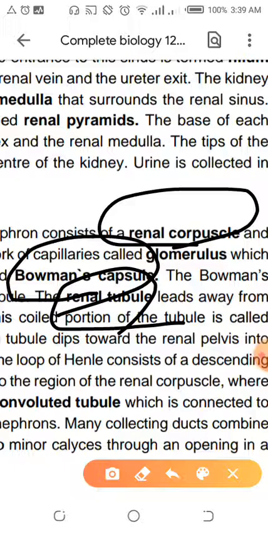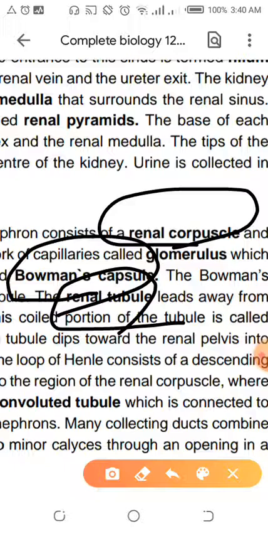By pressure filtration they can bear more pressure, and by pressure they send the useful and the harmful things into the Bowman's capsule. This is the important action in the nephron, and the nephron's main function resides with the Bowman's capsule specification and the glomerulus, modified capillaries that don't go into venules but into efferent arterioles, which I will tell you in the diagram. So Bowman's capsule and glomerulus, a network of capillaries with specialized pores, with specialized structures.